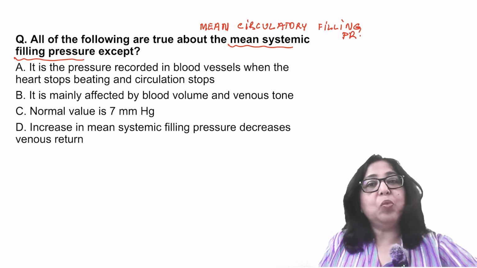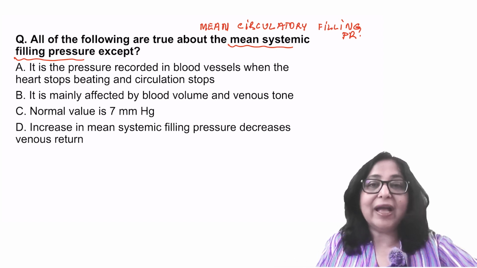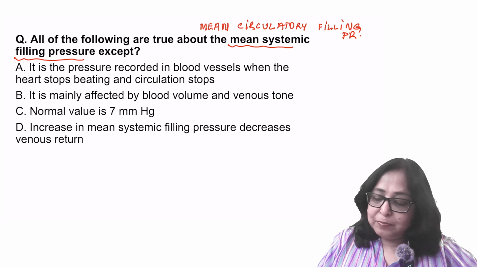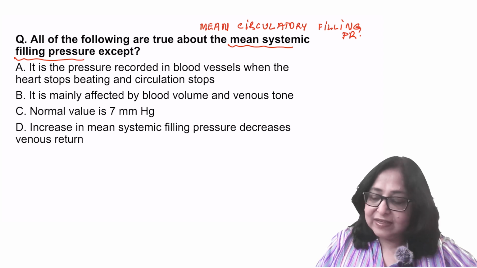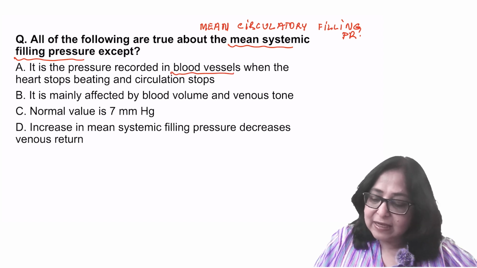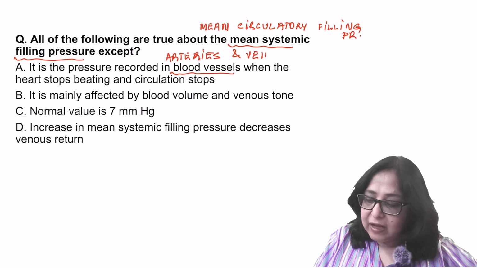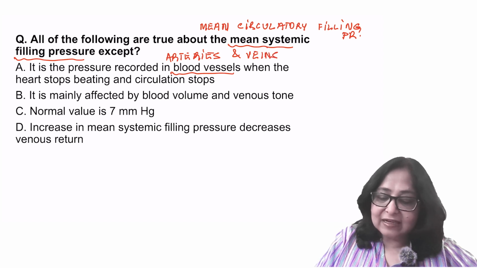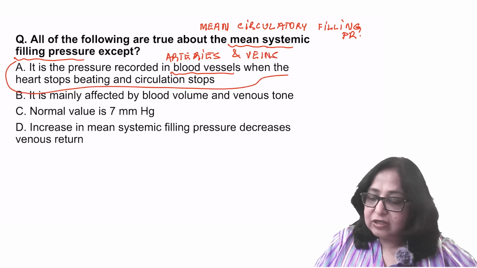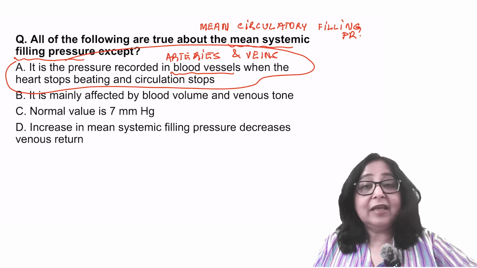So let's try and understand what is this mean systemic filling pressure and what is the significance. It is the pressure recorded in blood vessels. When I say blood vessels, it means both arteries and veins, when the heart stops beating and the circulation stops. This is true.